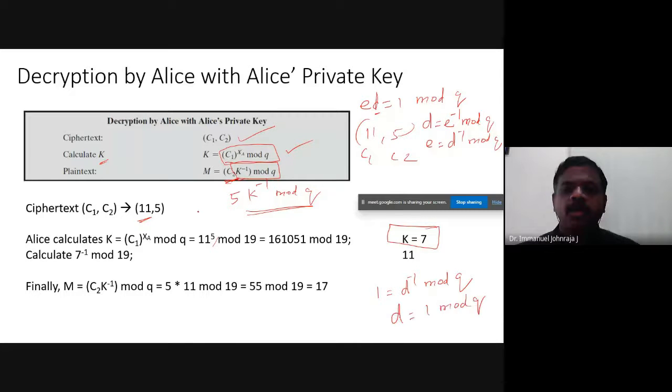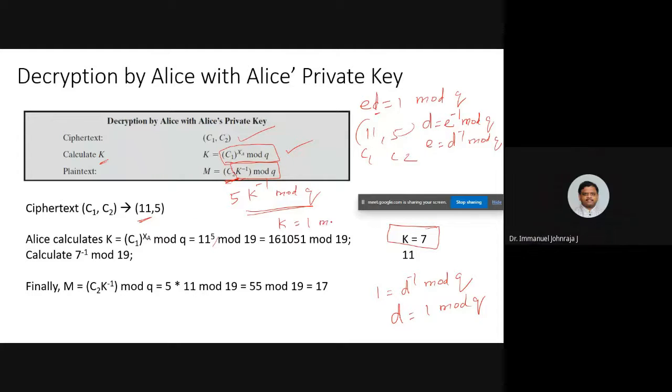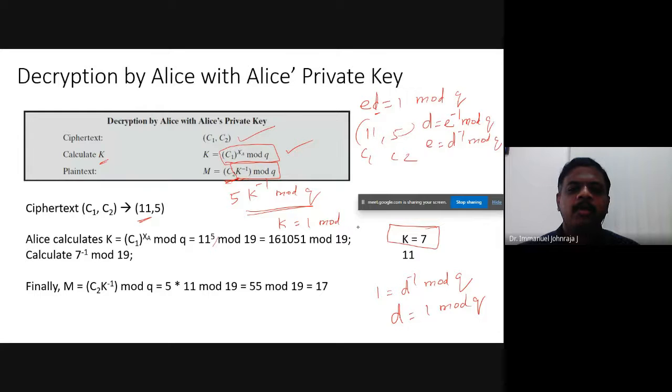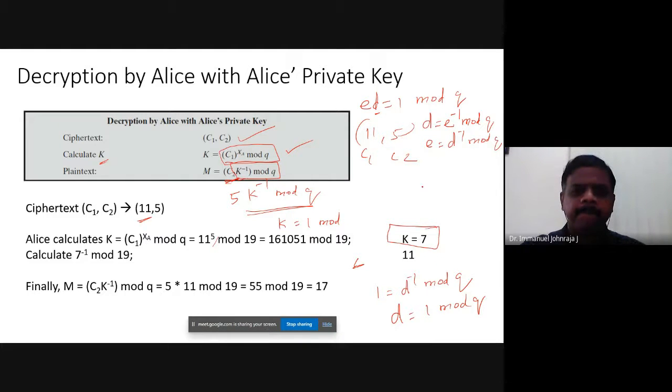This is almost similar to that, so it should be K times some value A is equal to 1 mod q. This is how we should calculate the value.